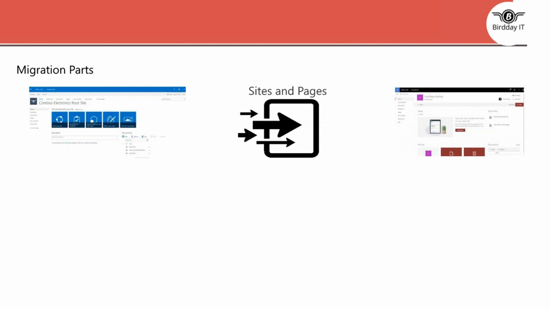The challenge is that the new site structure for modern pages is different from the classic site structure. Because of this, a one-on-one migration may cause problems. A one-on-one copying of sites and pages can only be done in classic structure. For migration to modern pages, we need a restructure, which can be done by using a PnP template or with PowerShell scripts.